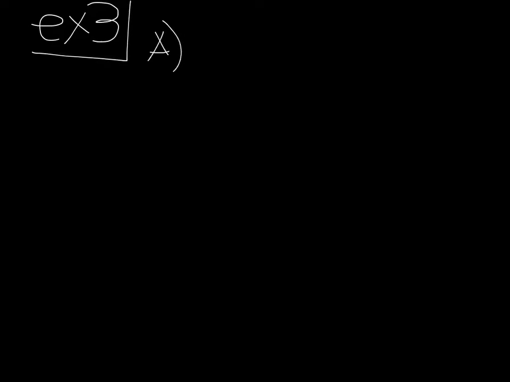Letter A says S minus 7 less than 5, and then it tells you S equals 14. So what they're wanting you to do here is, for the given value, state whether the inequality is true or false. This is really simple, guys. All you're doing is plugging in the number that they give you and telling whether it's correct, which would be true, or not correct, which would be false.